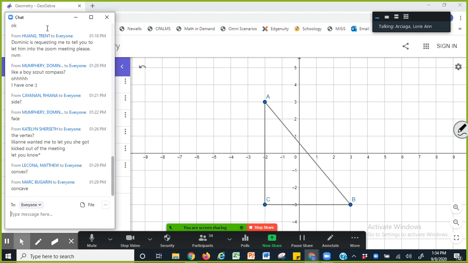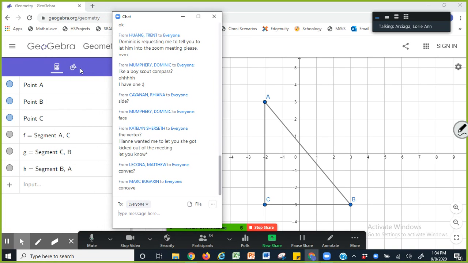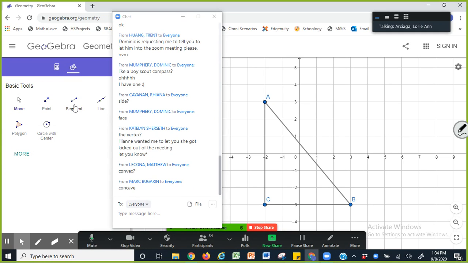Yes, honey. Okay, so you click on this one, then click on segment, and then start from A, click and hold, go down to C, and do it again until you connect all the points.